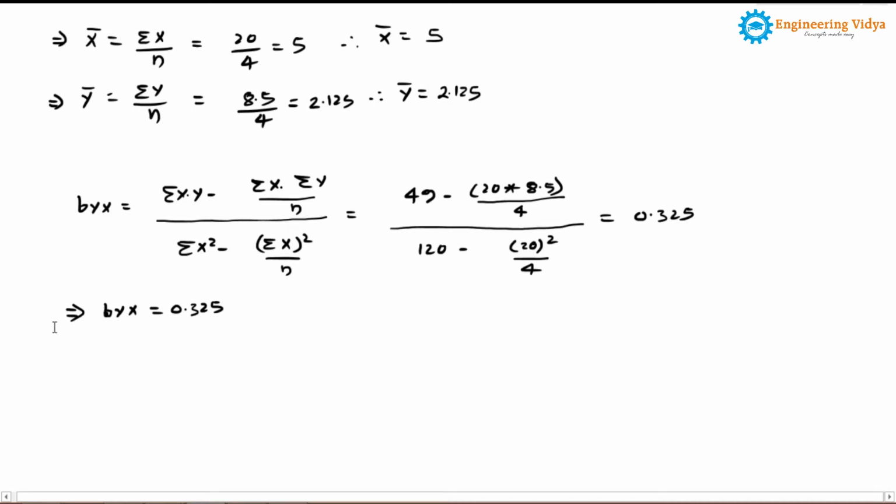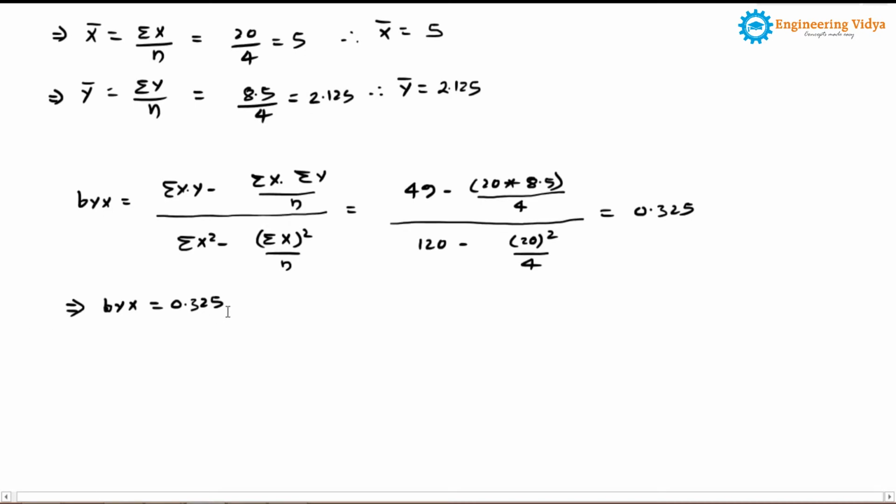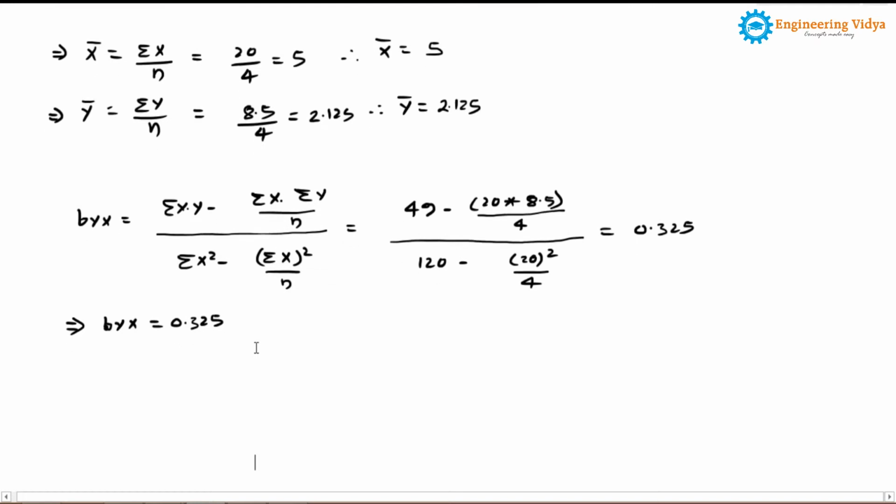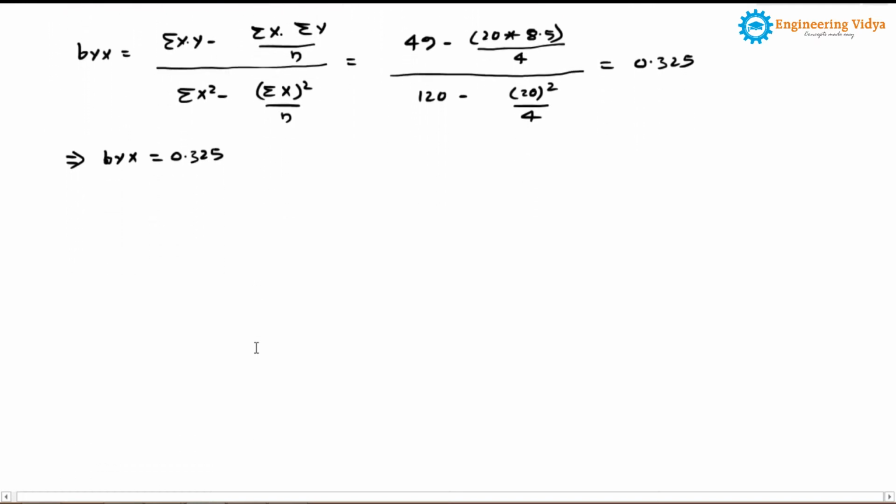In a similar way we'll go for bxy also. bxy will be equal to summation of x into y minus summation of x times summation of y upon n, where the numerator will be the same and only the denominator will be different: summation of y square minus summation of y whole square divided by n.